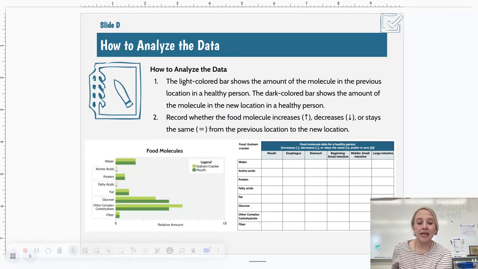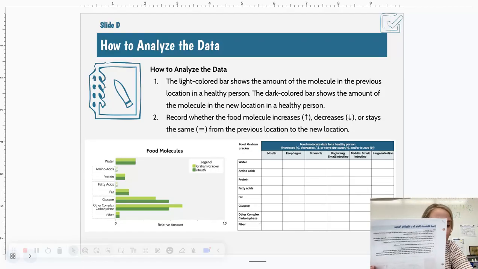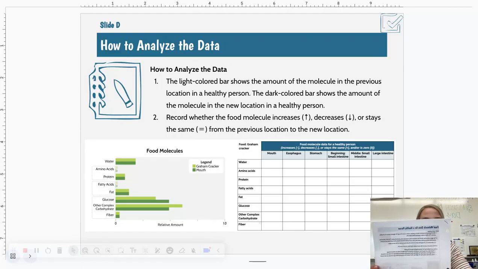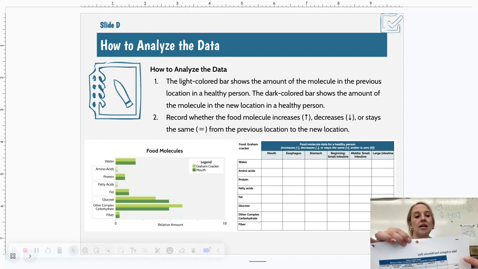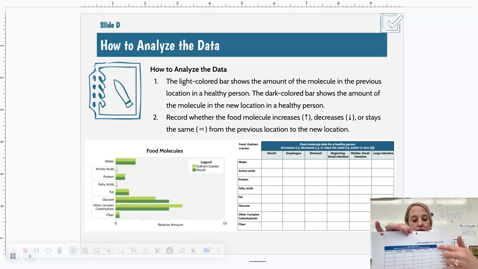So today we're going to be analyzing some food molecule data for a healthy person. That is this page right here, your food molecule data for a healthy person. You are going to read the directions at the top, and you are going to fill out this table based on the graphs that you have in this packet, okay?